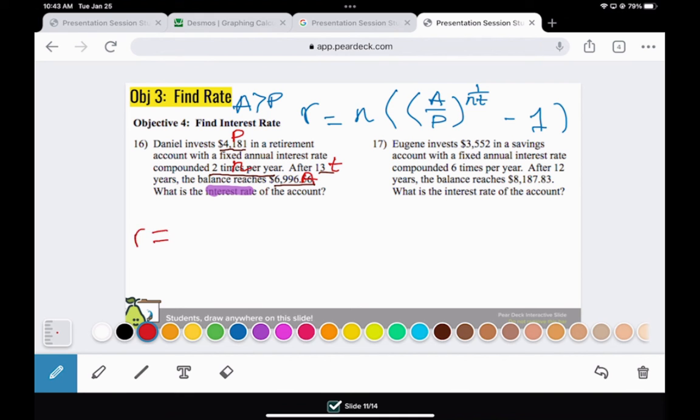Plug it in. N is 2. A is 6,996.66 over 4,181, to the power of 1 over 2 times 13, then minus 1 down here. This one is harder to type in your calculator, so make sure that you practice. Let's see what you got. I will do that too.